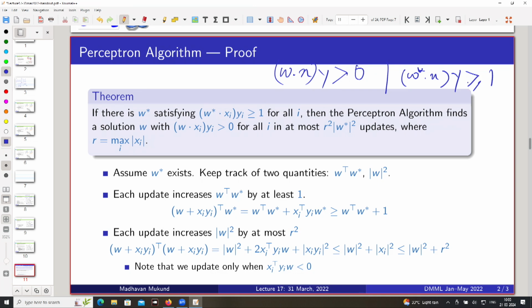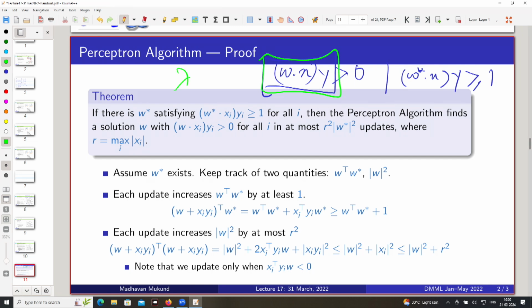The way to do it is, you go over each choice of xy, all the training data points you have. For each data point, you see what value you get, and take the minimum value that you get out of this expression. Say that minimum is some lambda.